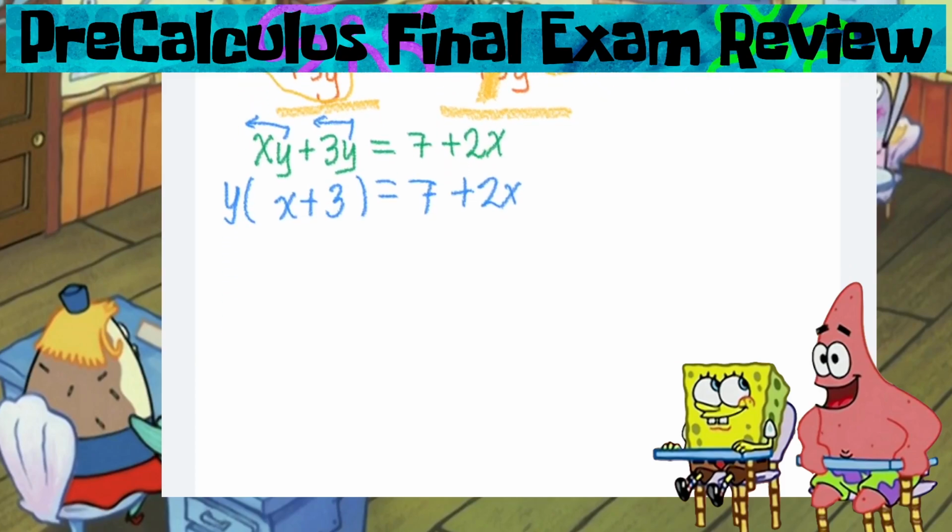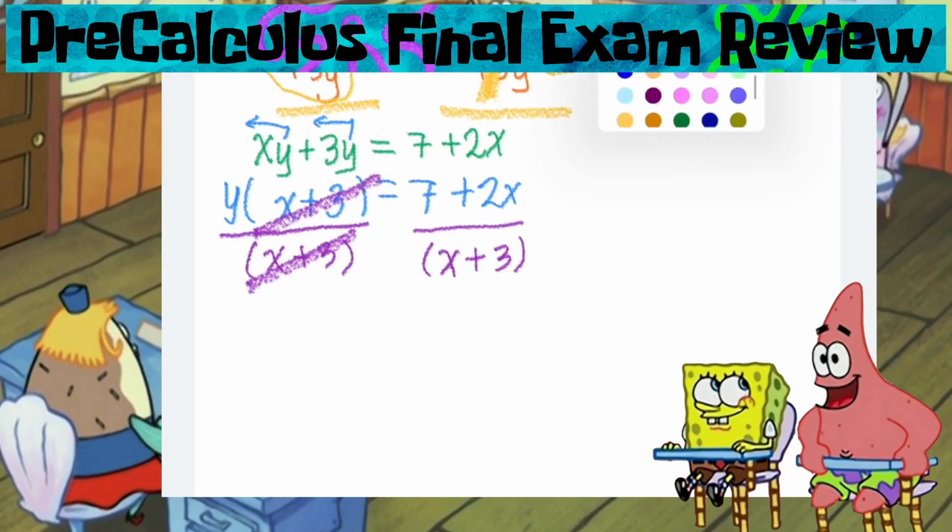Okay, scrolly, scrolly. From here, to get y alone, I'm going to divide both sides by the quantity x plus 3. Here, we are gone.